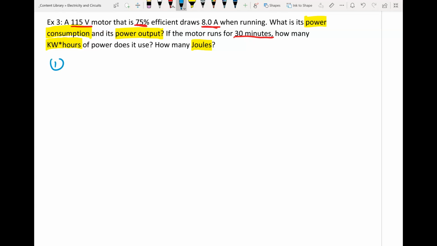The first thing we can do is find the power of the total, which is calculated as I times V from our last page. So our current is 8 amps. Our voltage is 115 for the potential difference. So that means the power in total is 920 watts. So that's one thing we found so far. The other thing we can do is find the power output.